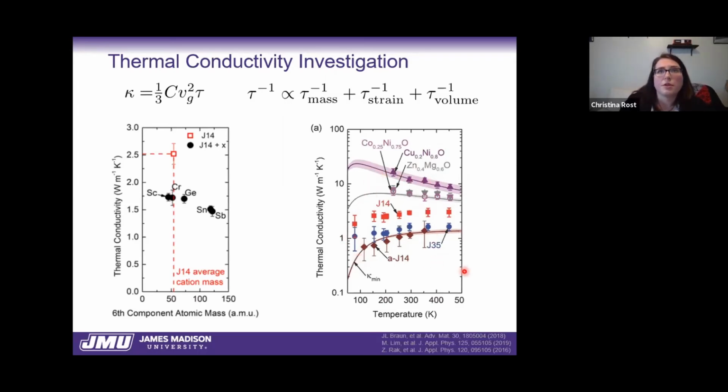Okay, and then of course, the shaded regions correspond to uncertainties. The temperature independent nature of this, if we really look at it, it's basically a flat line. The nature of the mechanism causing this reduction suggests strong Rayleigh scattering as opposed to Umklapp or any of the other mechanisms.